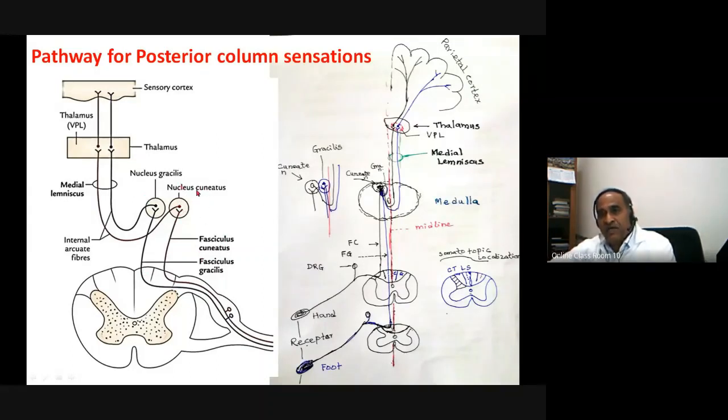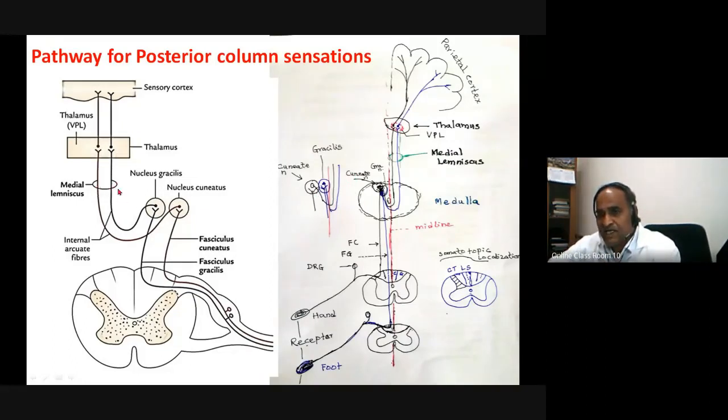In the medulla, we have the nucleus cuneatus and the nucleus gracilis. They don't cross, they ascend in the posterior column. Once they relay, the second order neurons begin from this. Say for example, the nucleus gracilis, it will ascend up. There will be some configurational change in this diagram.